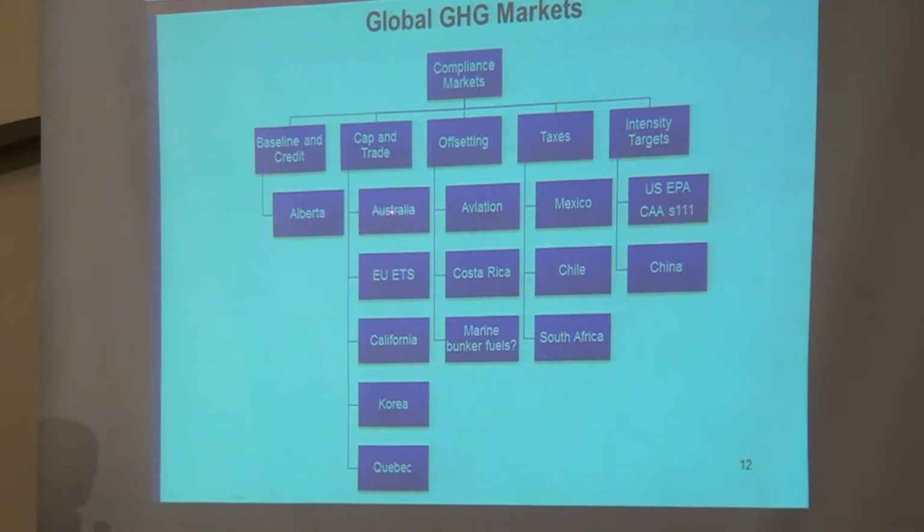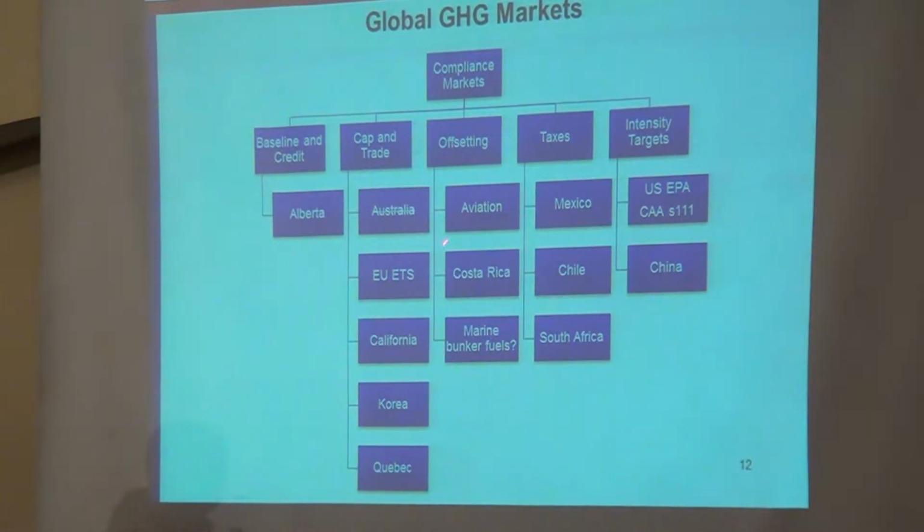There's the defunct Australian scheme that I'm a refugee from. There's the EU ETS, which there's no demand in compliance period 3, and there's not going to be any international credits allowed in the next compliance period. California is really interesting, which we're going to discuss. Korea potentially, Quebec in conjunction maybe with California.